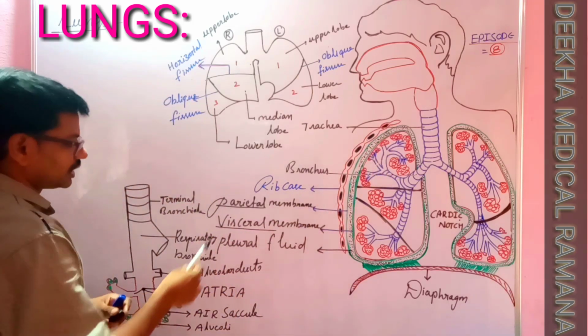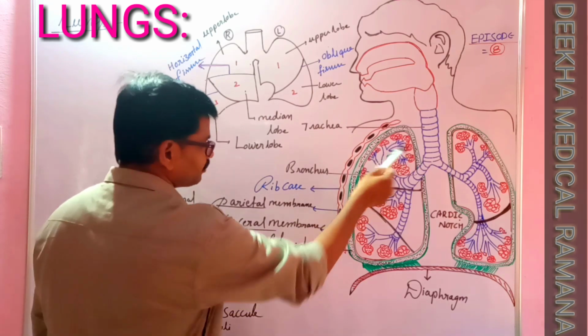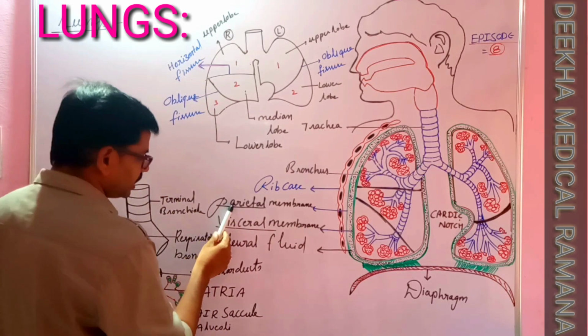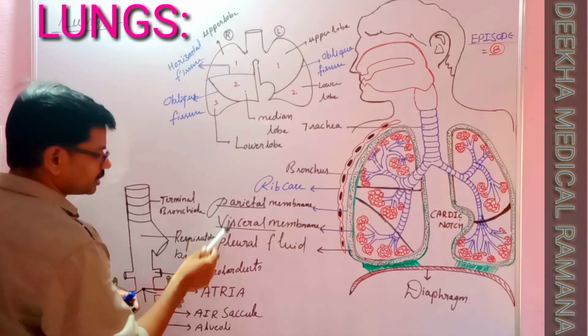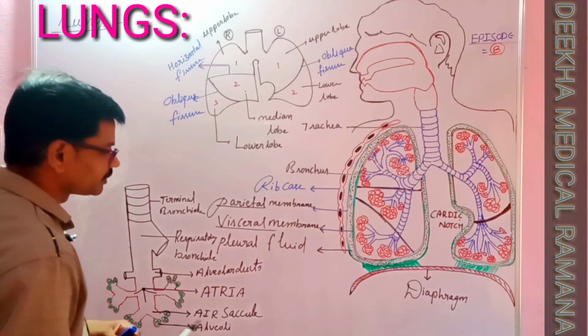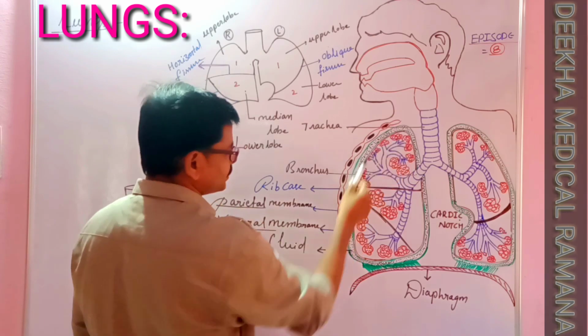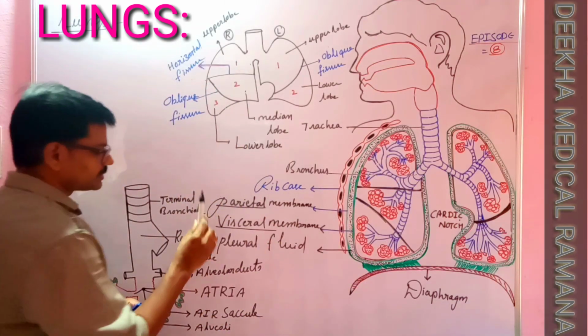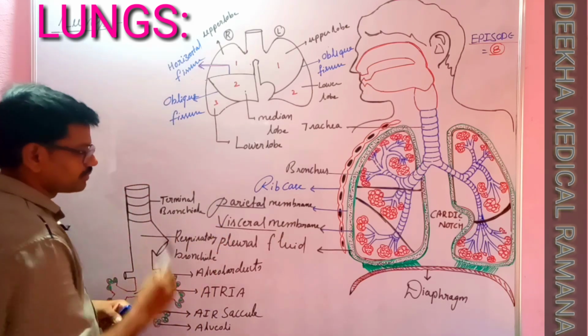That means there are two linings which surround the lungs: one is the parietal membrane, the second is the visceral membrane. The parietal pleural membrane and visceral pleural membrane are together called the pleura. The pleura is a membranous structure which surrounds the lungs. Here, important, there are two pleural membranes: the parietal membrane and the visceral membrane.